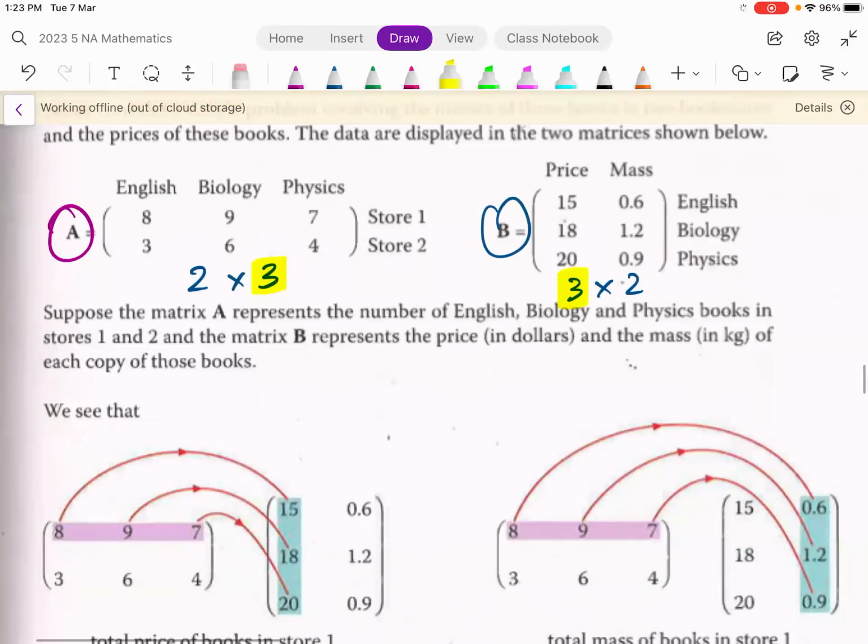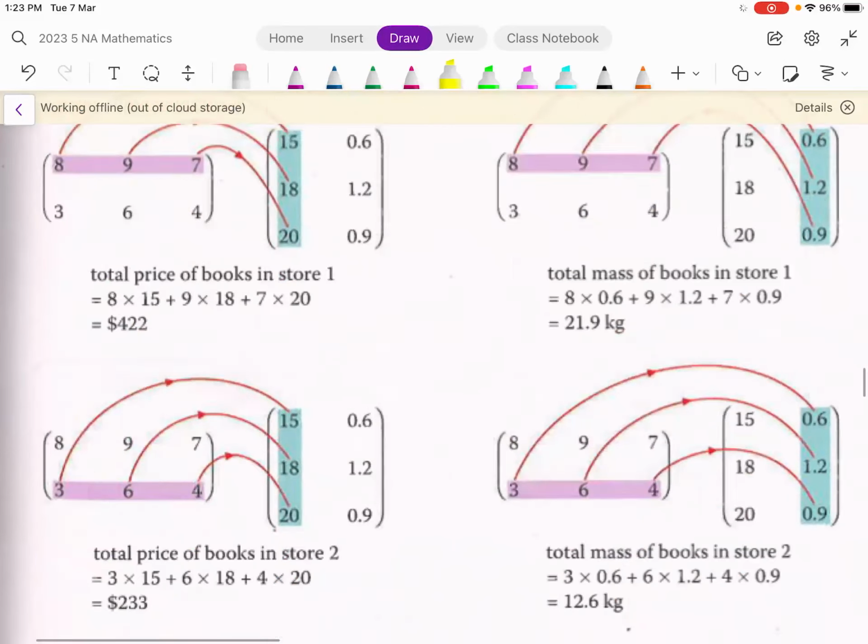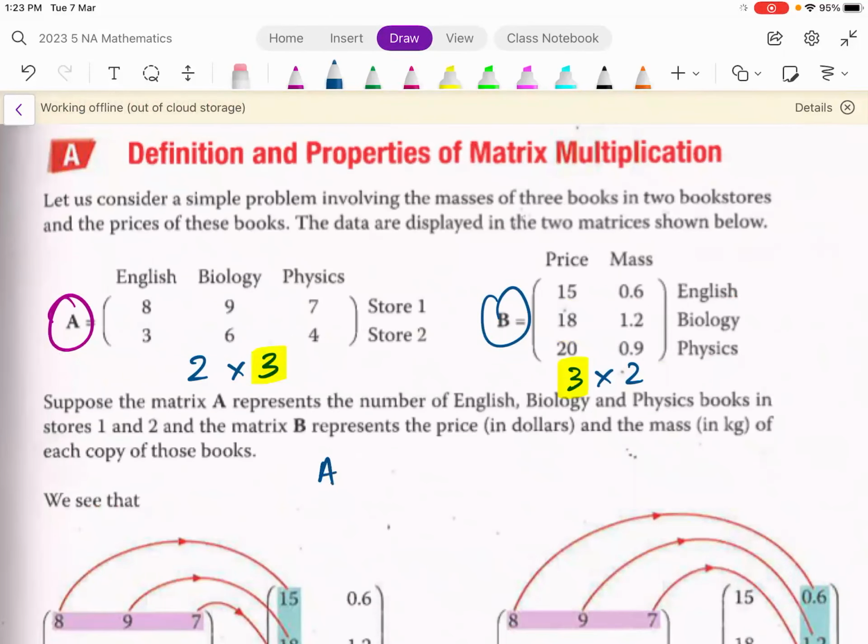Impossible. And then what is the resulting matrix? After that, for AB, the order will be, you copy down this number, copy down this number. In this case, it happens to be 2 by 2. So there are 2 rows and 2 columns. This is the order that we expect for the final answer. Okay?